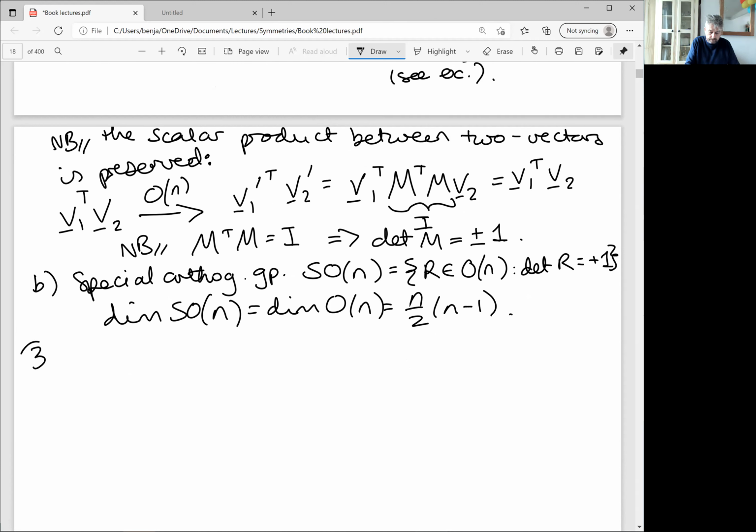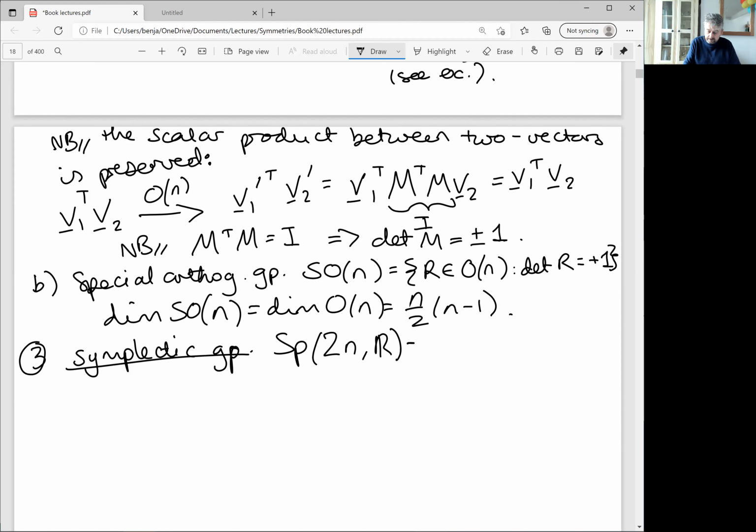Okay, so thirdly, we have the symplectic group. This is written SP, and we're going to do it for 2n by 2n matrices.